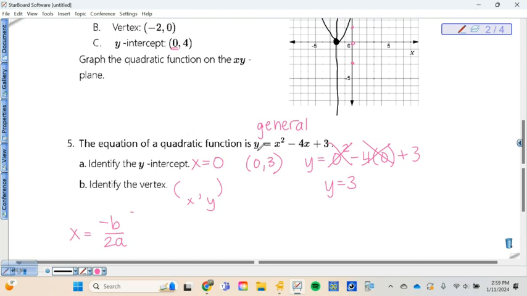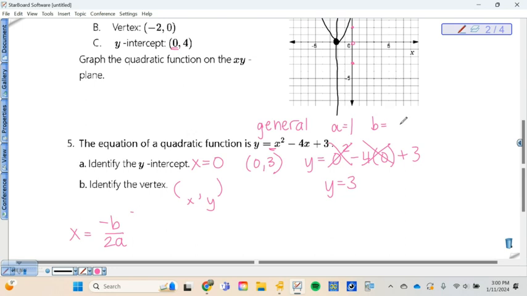So look back at our equation. What's the value of a in that equation? What's the number in front of the x squared? It's an invisible number. Yeah, 1. And what is b? Not 4.